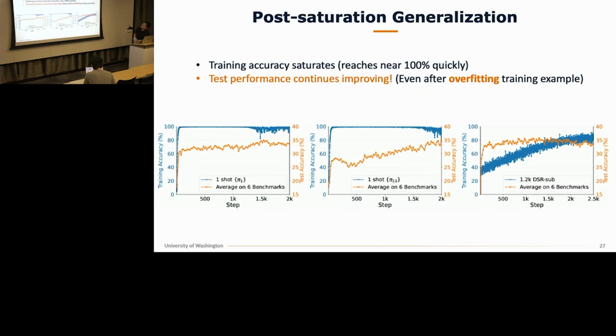Another interesting phenomenon I want to show you is what we named post-saturation generalization. You can imagine you have one training example, so you can easily get that example to converge to 100% accuracy very quickly.